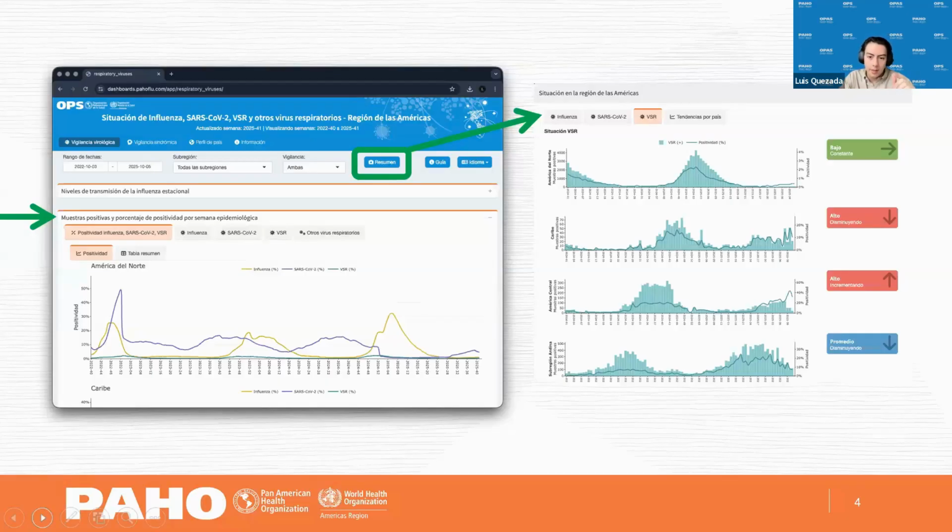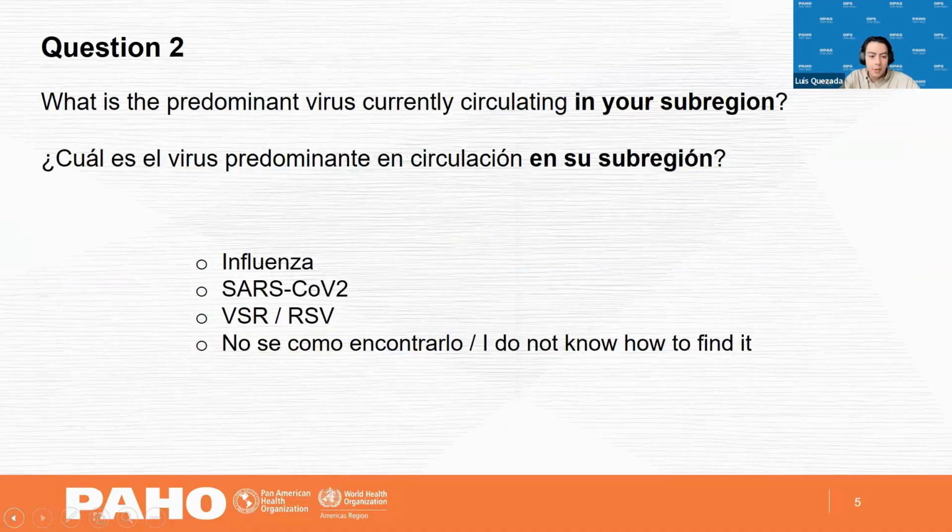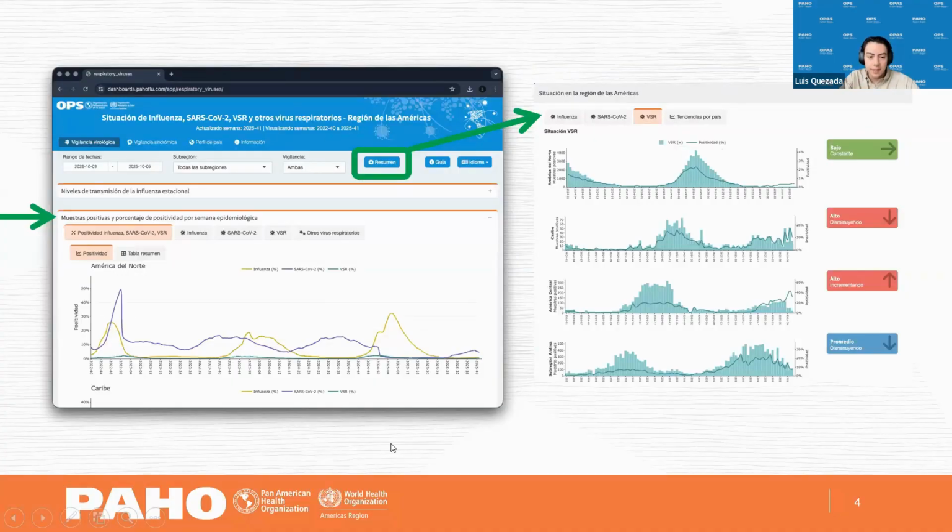We can use this summary section to answer these questions and quickly take a look at the various types of viruses. Alternatively, we could have used the positives by virus graph that we can see when the dashboard is just open. For this question, we could use these two options and do our analysis for the most recent weeks.